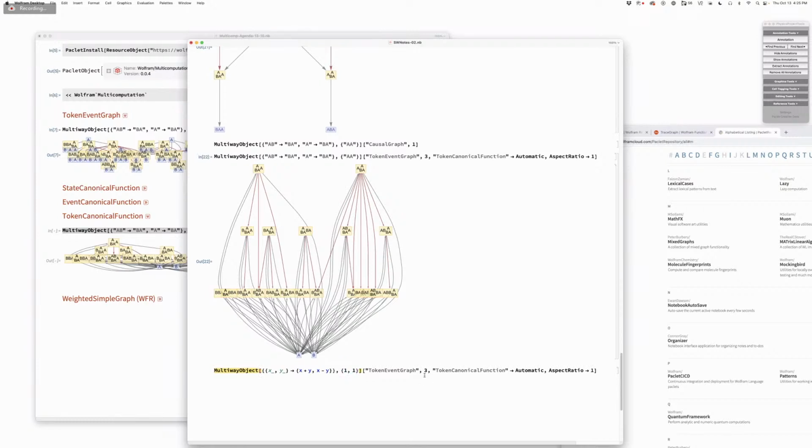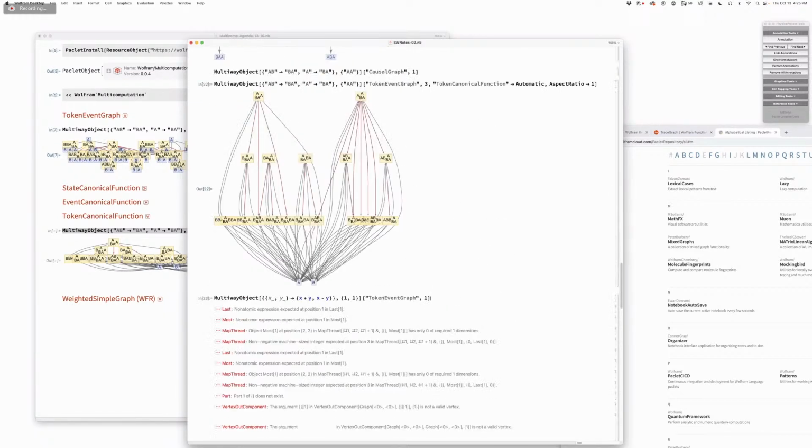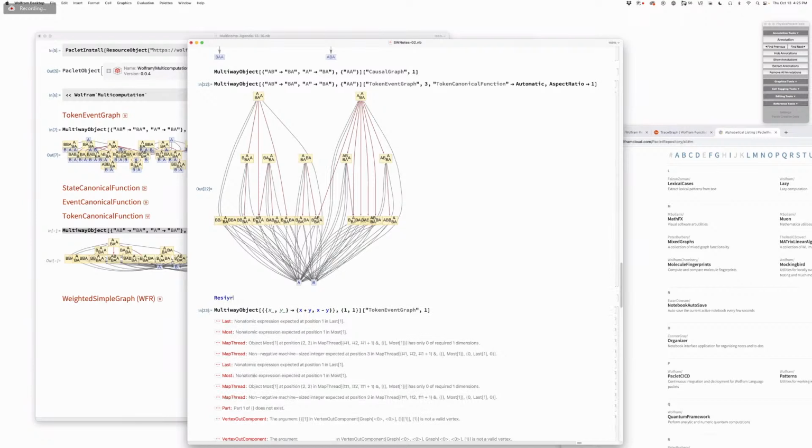Well, I don't understand. What does this do? Is this going to do something reasonable? I don't think it's going to work. Oh, but this should work, right? Because our standard token event graph function does work in this case, right? Yeah, it works in this case, but so this is just a bug, or this is something different?